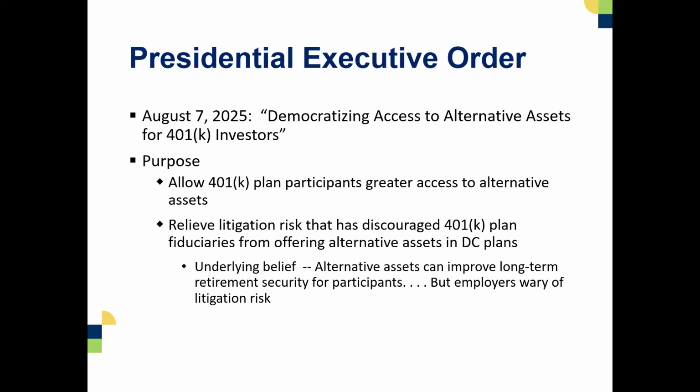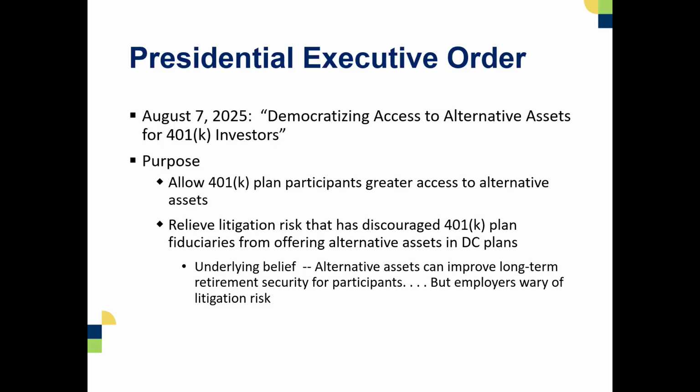And so first of all, the genesis of the Department of Labor rule occurred August 7th of last year. There was a presidential executive order titled Democratizing Access to Alternative Assets for 401k plan investors. And there were two primary purposes for the executive order.